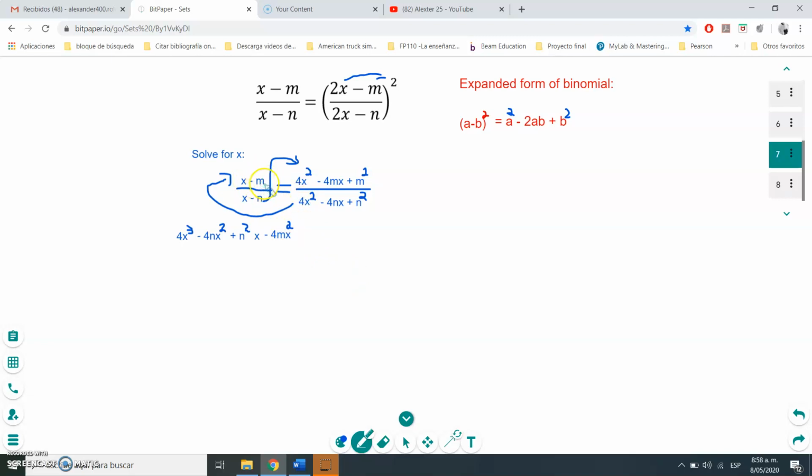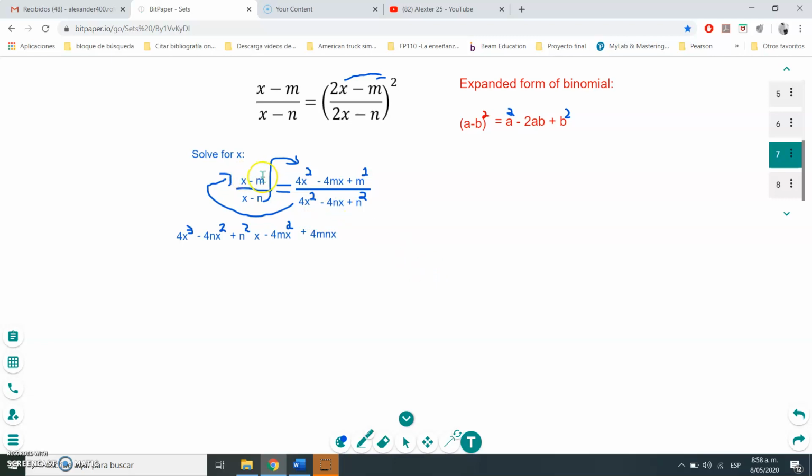And then we continue with minus m times minus 4nx, that will be plus 4mnx.